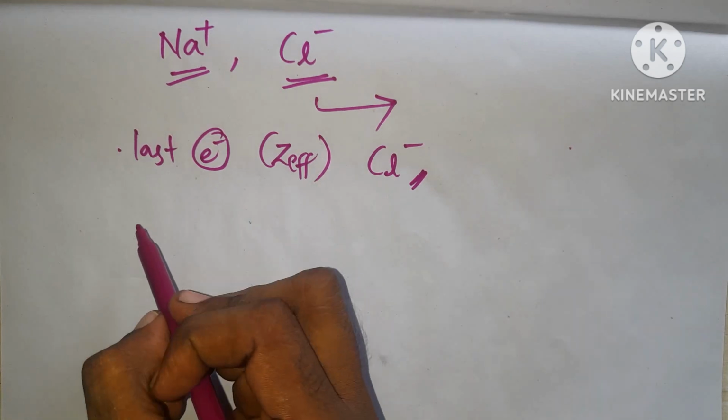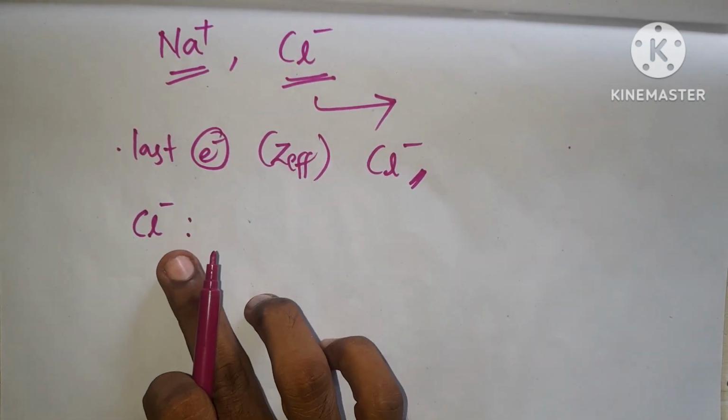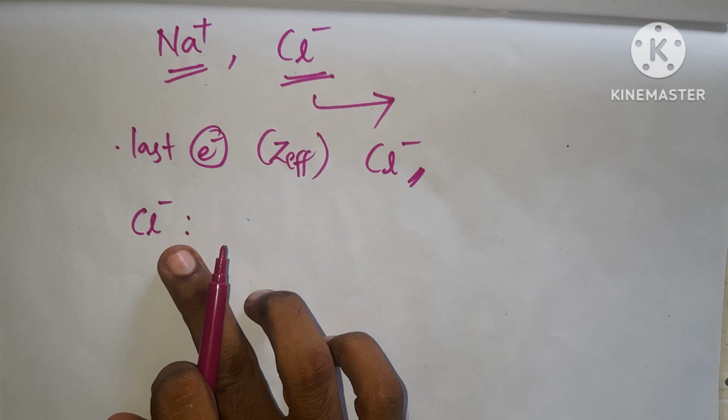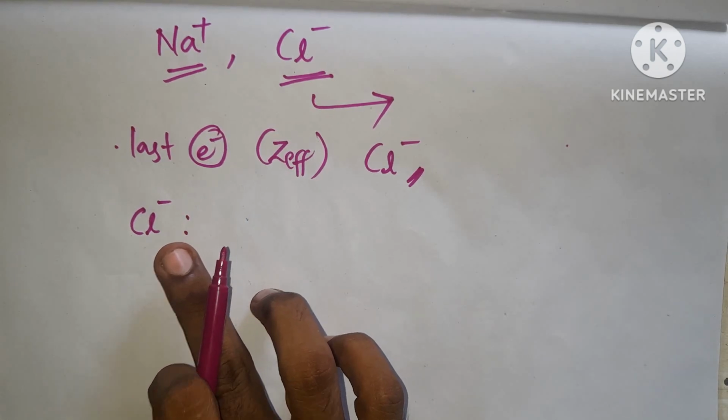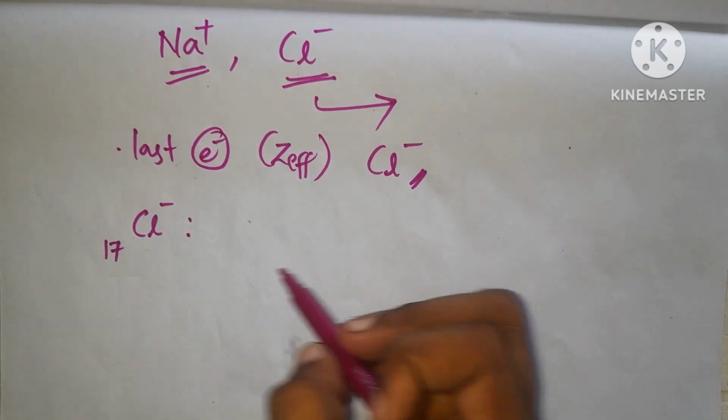So write down the electronic configuration. Cl minus has one electron more than the actual chlorine atom. So chlorine has totally 17 electrons, but the electron configuration should contain 18 electrons.